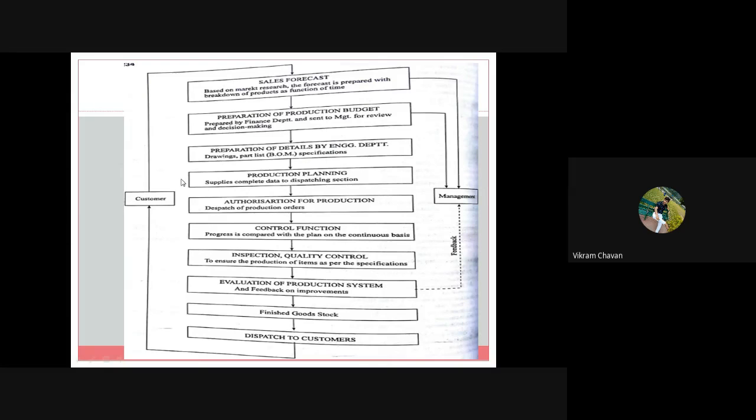Is everyone getting what is meant by production procedure and how it is carried out? Everyone, please mention in the chat box. Is there any problem, any question related to this?